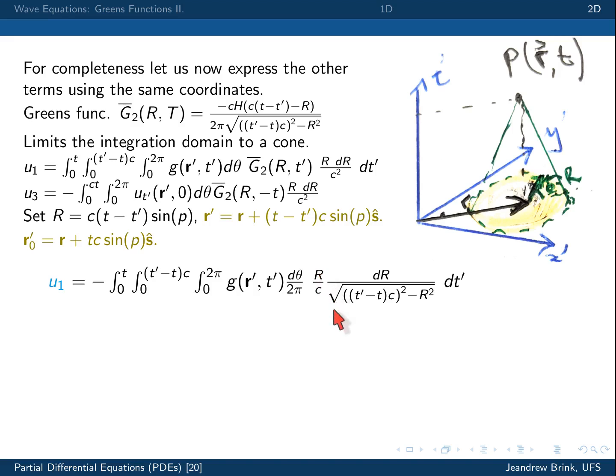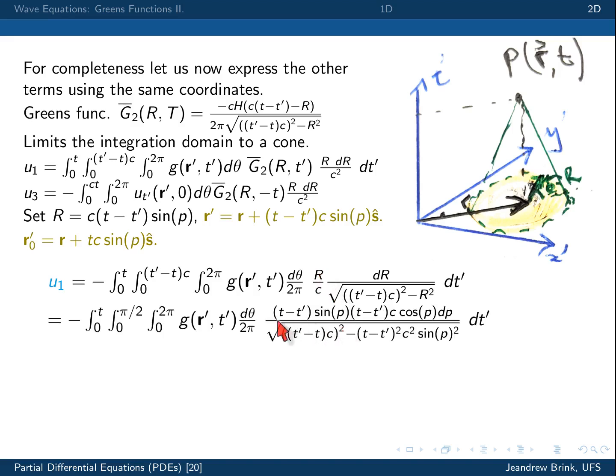Here it's retained. Okay, and then you can actually change it to the same set of coordinates to try and get rid of the singularity over here below. And then once again, what you do is simply make use of this coordinate transformation. The way we do that is simply, here r is just c, r over c. Okay, so you lose the c, it is just (t minus t') sine of p.